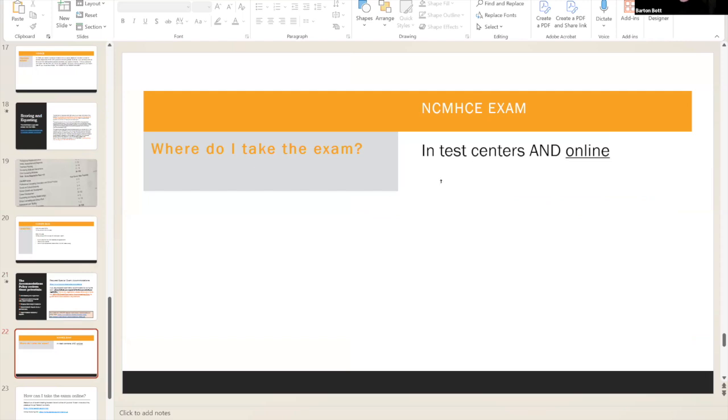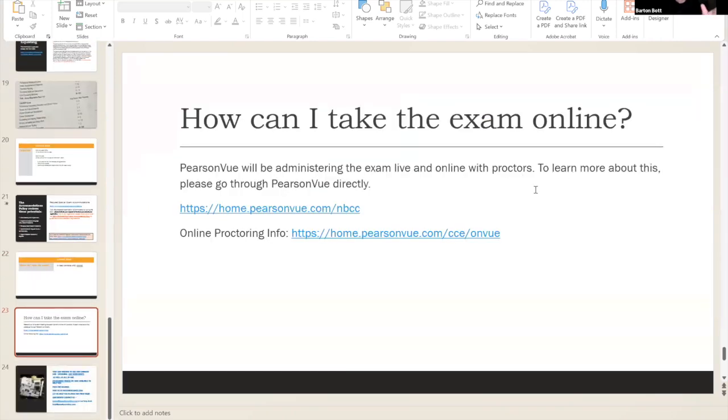And where do you take the test? Well, you can take it in test centers and online, right? Test centers and online. And the people go, what? Take it online? How can I do that? Yeah, that means you can actually take it at home. There are some very specific requirements that have to be met, like they'll scan the room with your camera and such. You can't talk to anybody while you're taking the test. You can't be looking down like you were looking at notes.